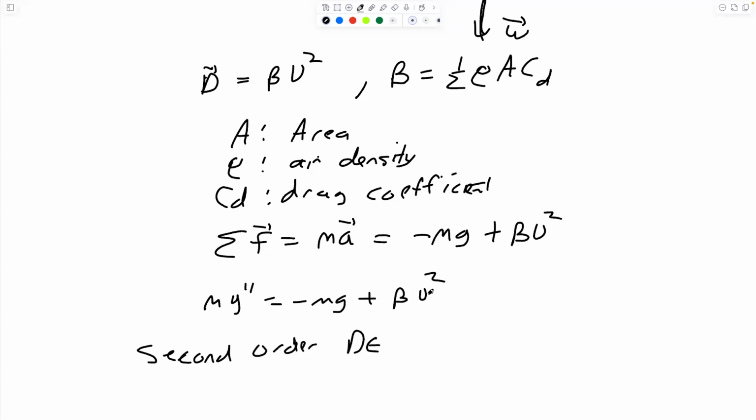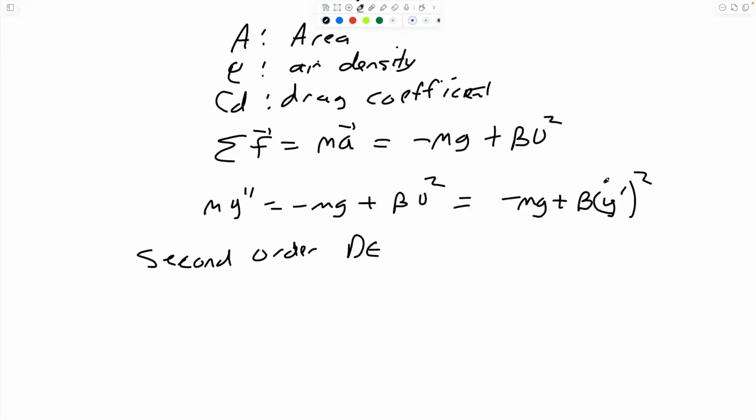DE. But wait a minute, I've got a y and a v in here. But remember, v is just the first derivative of position. So y prime squared. This is a nonlinear DE.